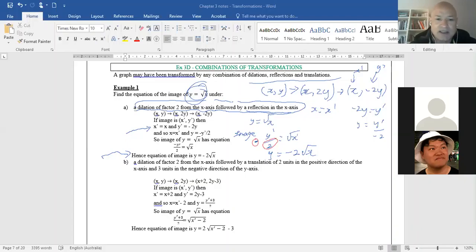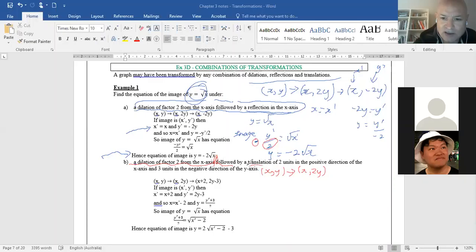Part B, a dilation of factor 2 from the x-axis. So they give us this section to do. So from the x-axis, my x and y. Dilation of factor 2 from the x-axis, I write the dilation on the y part, because from the x-axis it goes on the y.